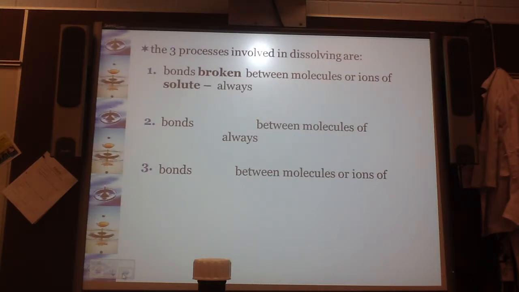So that's like when we have salt and we need to break the bonds within Na and Cl. Now, this reaction, is it endothermic or exothermic? To break a bond, it's endo, to break the bond.